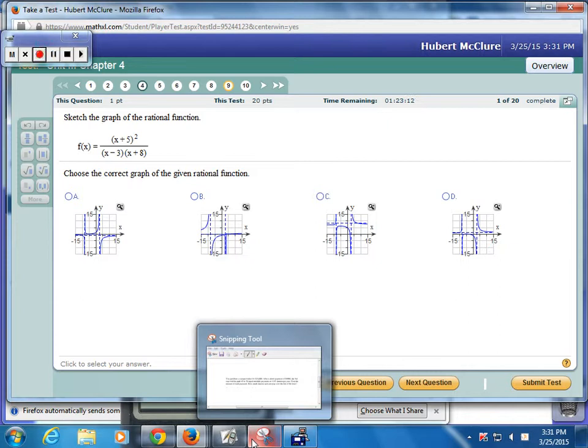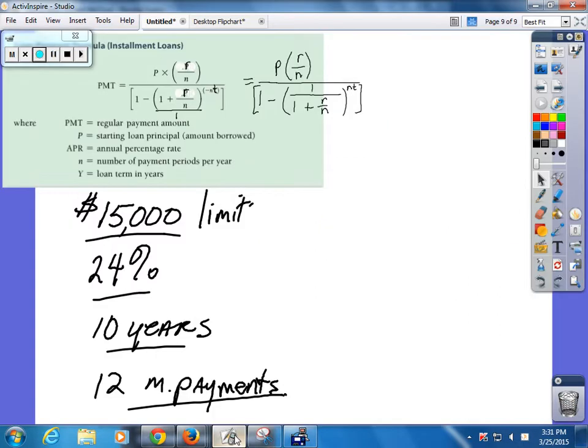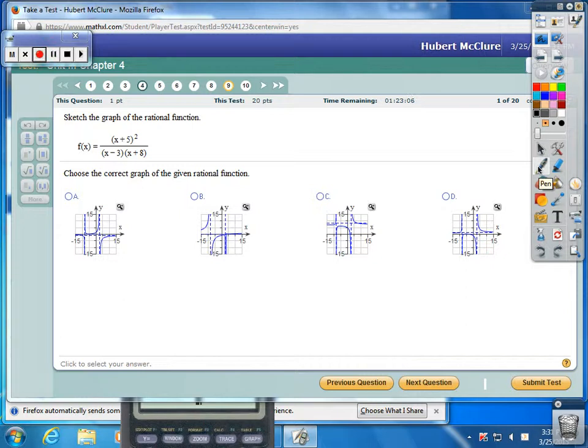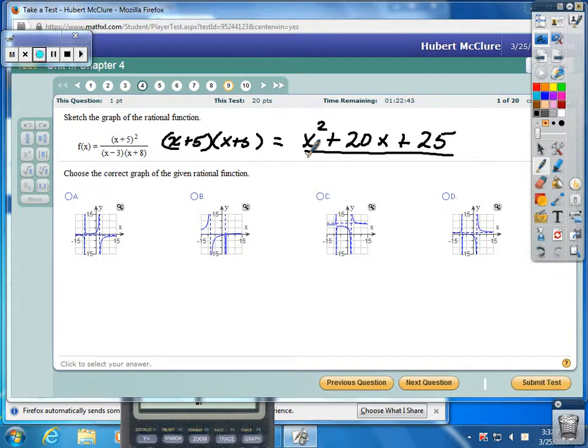Maybe another way to type it in is to do the actual polynomials. Might be easier. So this is going to be x plus 5 times x plus 5, which is x plus 5 quantity squared, x squared plus 10x plus what? 25, over x squared plus 5x minus 24.